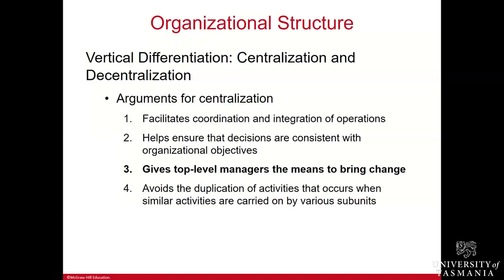But if the decision-making system is centralized, then they don't have this issue because all decisions are made within one system, within one center. That's why the activities are not duplicated.